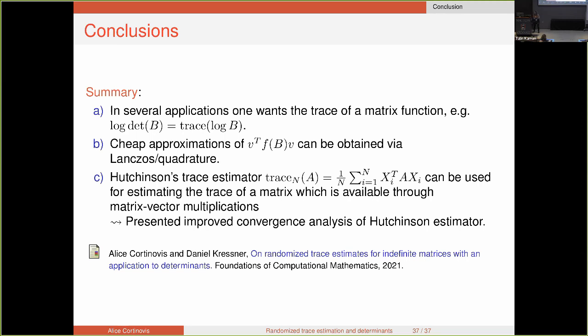I don't know exactly about quasi-random sequences, but some people tried to use multi-level Monte Carlo to speed up the convergence of this estimator, and in practice it works.